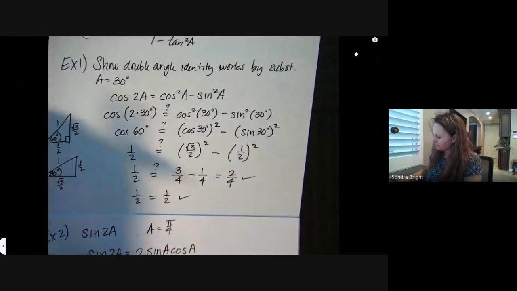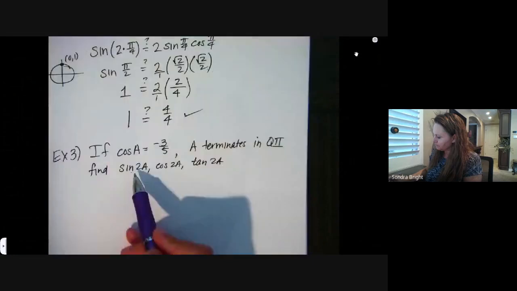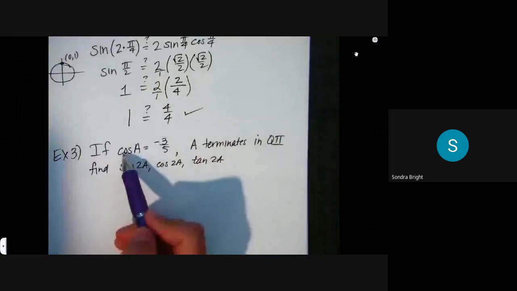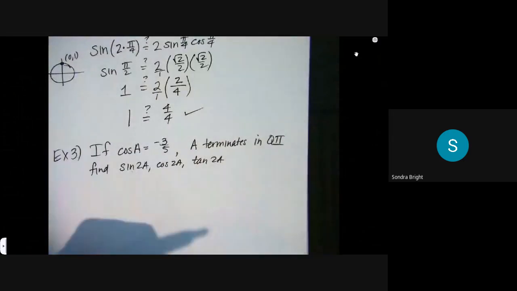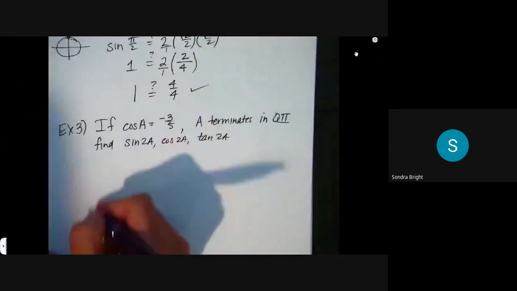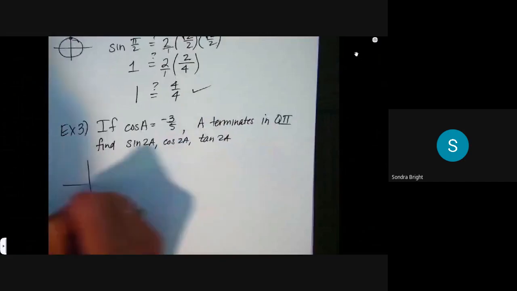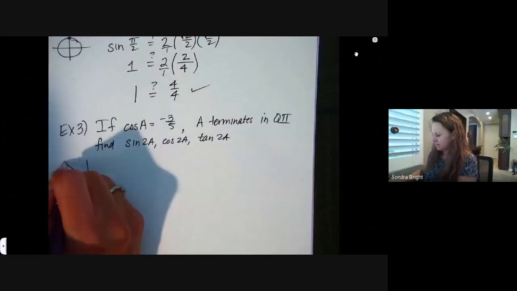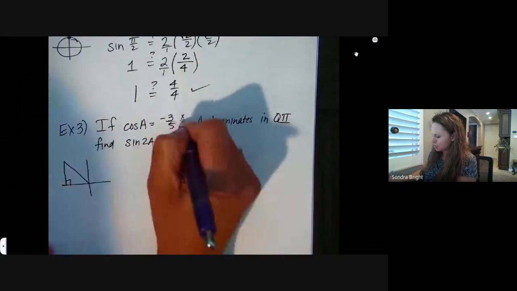What we need to know is, I was given cosine of a, but I need to know sine of a also. So I need to find the other information of this triangle. It's telling me angle A terminates in quadrant 2, so I'll draw a triangle there. They're telling me cosine of A is -3 over 5. Well, that's x over r, so I know my r is 5, my x is 3.